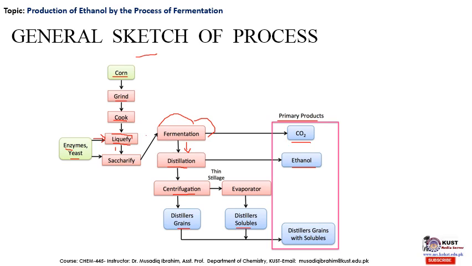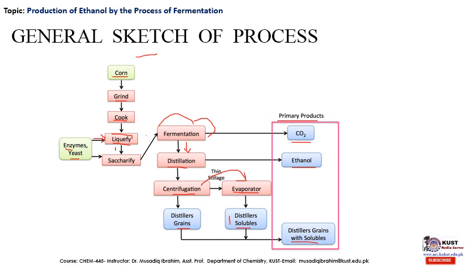Now the centrifugation step is followed by evaporation. So during the centrifugation step, the lower layer is being taken out and the upper layer is being subjected to evaporation, and as a result you get the distillers solubles. Now both of them are mixed together, and then they are used for different purposes.